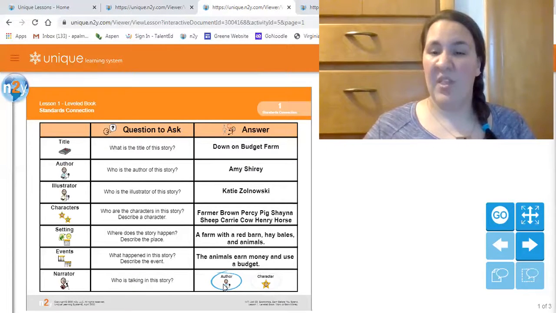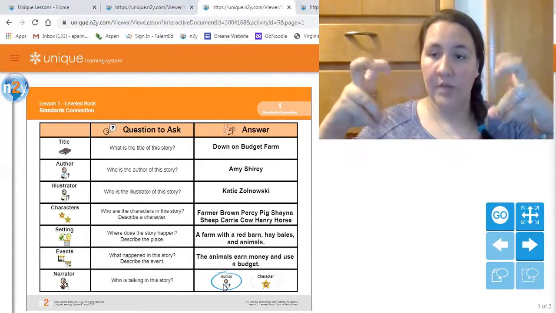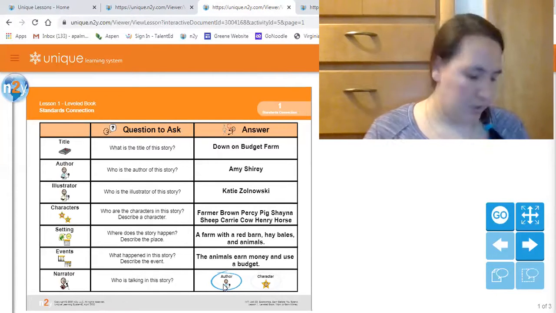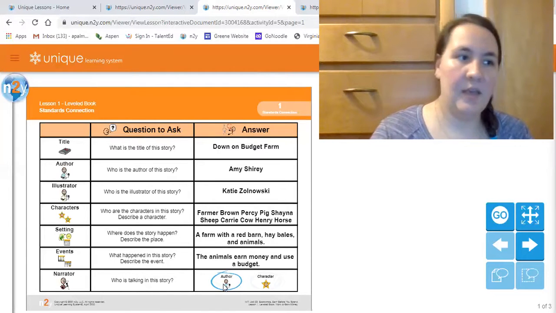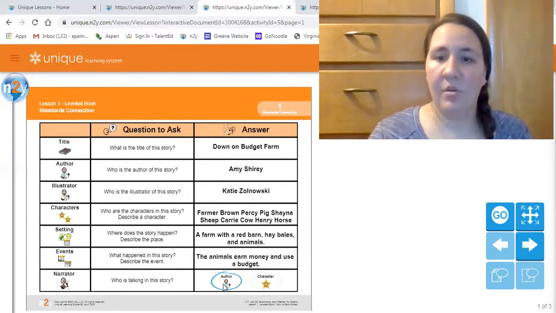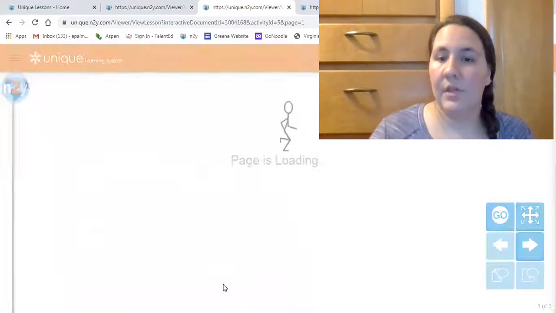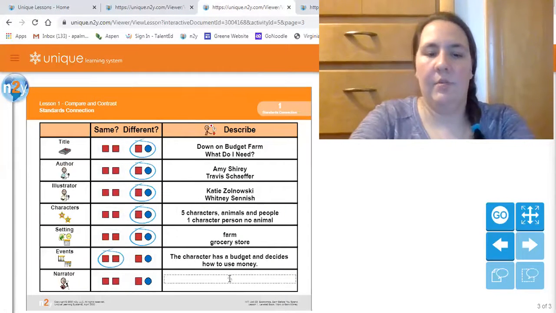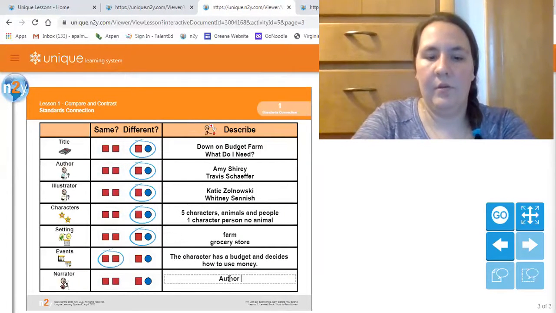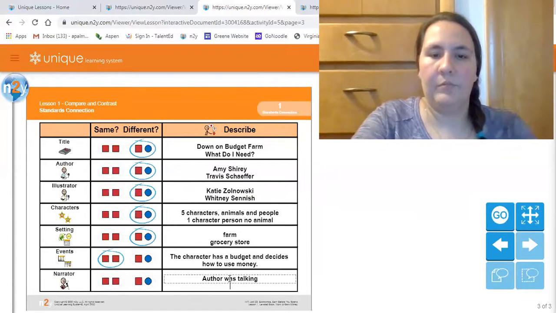The characters' words were in quotation marks. They were using words like he and she and they and him and her. So those were all words that told us the author was talking, right? So let's write that for the first one. Okay, so the author was talking.